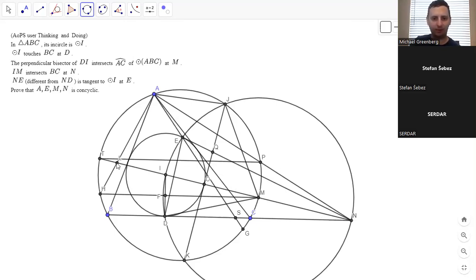Okay, let's see. Can we show that PT is parallel? So angle PTM. Because the angle MBC is less than MDC, we will have EAM equals ENM, which is larger than CAM.